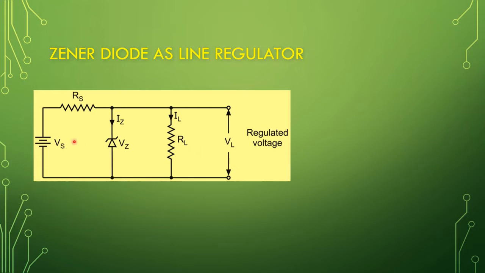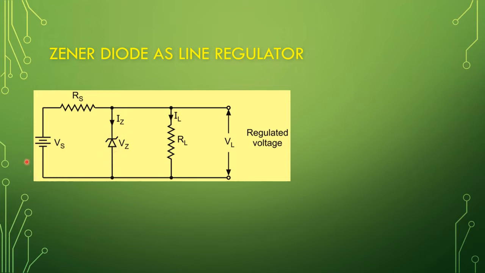So what is Vs? That is the input supplied voltage, and Rs is the limiting resistance, and this is Vz, the voltage across the Zener diode, and this is the Zener diode. This side is the P side and this side is the N side.